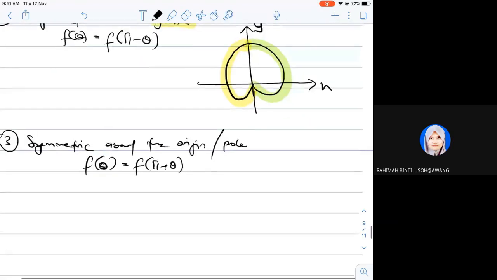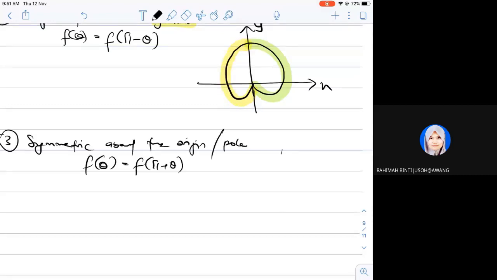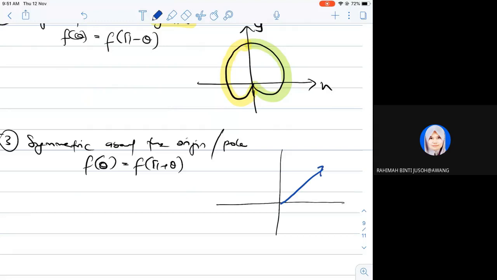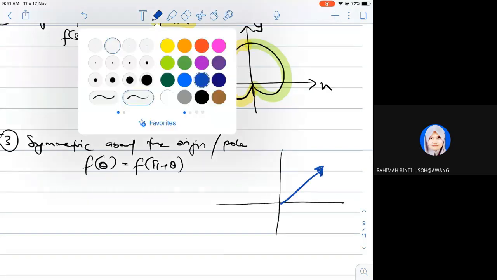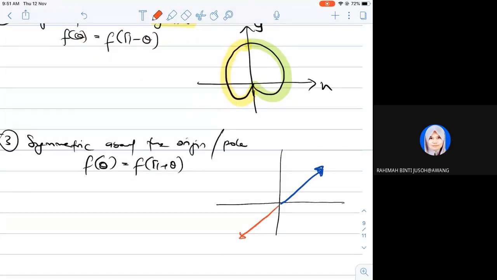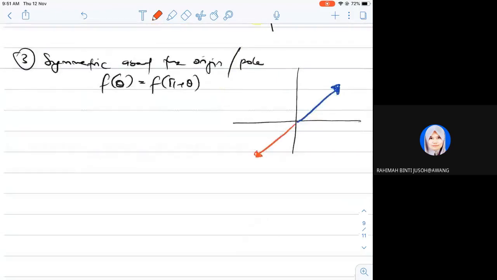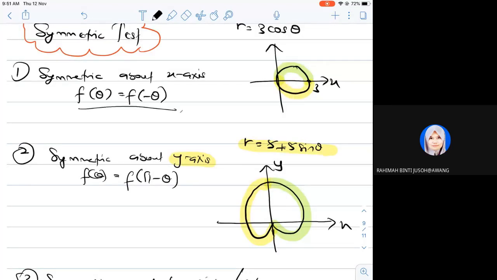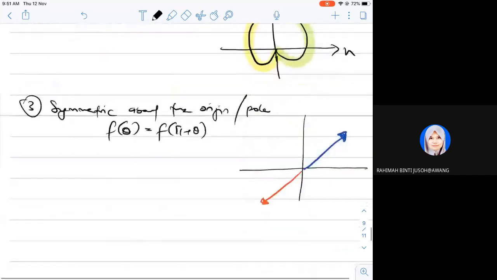About the pole ni, logically kalau you ada satu garisan kat sini, you will be reflected here. Akan reflect ke sini. Itu maksud about the pole. So let me give you one example. Kalau x-axis ni simple je. I give you symmetric about y dengan symmetric about the pole.